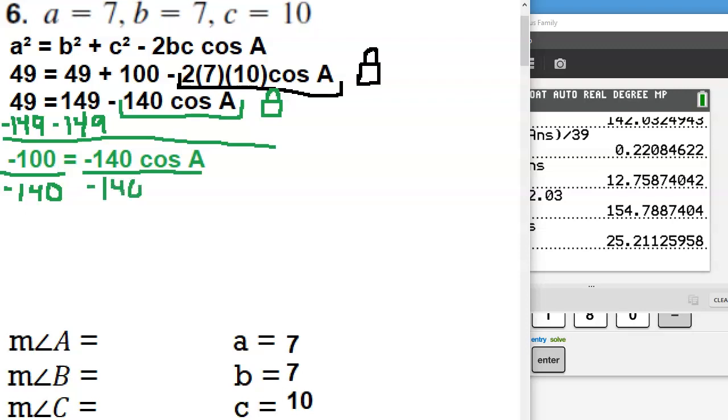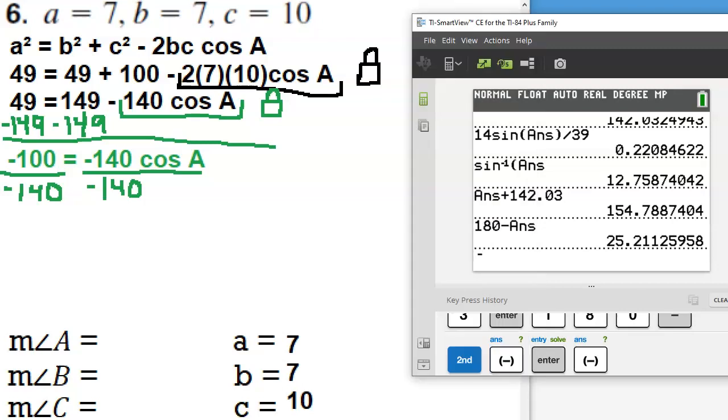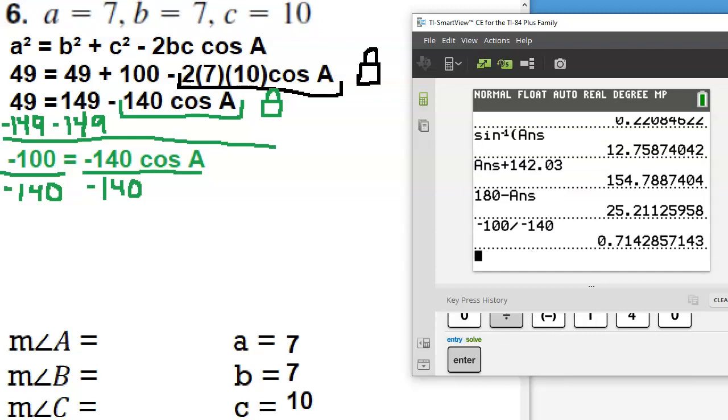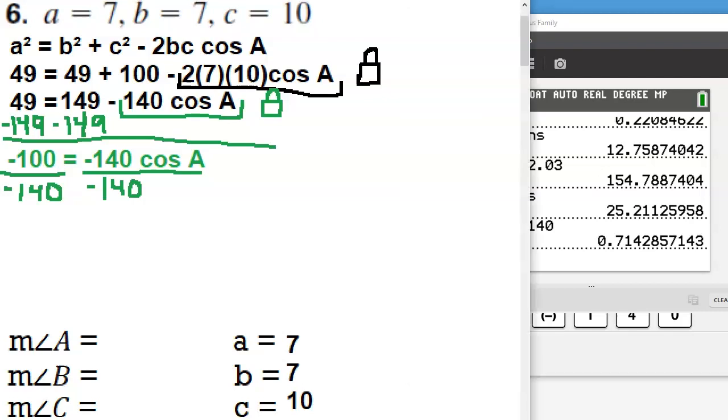Notice that we're going to have a negative divided by a negative. Okay, we'll leave that number in the calculator. That actually just reduces to 5/7, so I didn't really need a calculator, but that's okay.